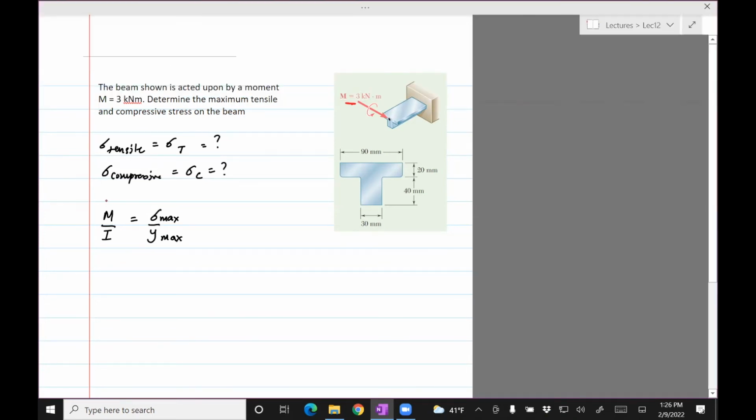Okay, so in this question, M is given to us, it's 3 kilonewton meter. I is unknown. Sigma is clearly unknown. We need to solve for both sigma T and sigma C, and Y max is unknown.